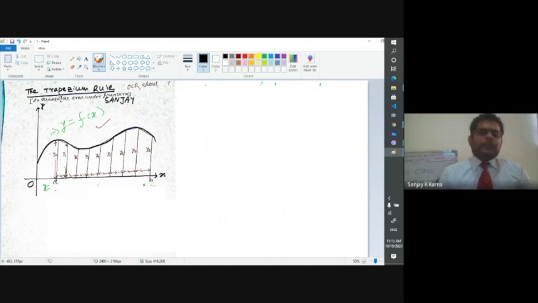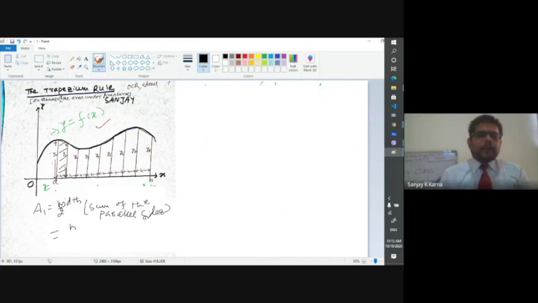So if I'm interested in finding the area of the first strip, that is the first trapezium, we say the area of the first trapezium, A1, and you know that this is half times, or width divided by 2 times, the sum of the parallel sides. The width is h.